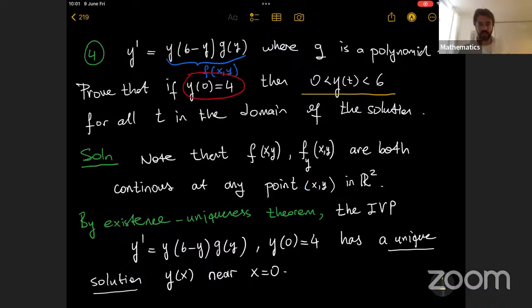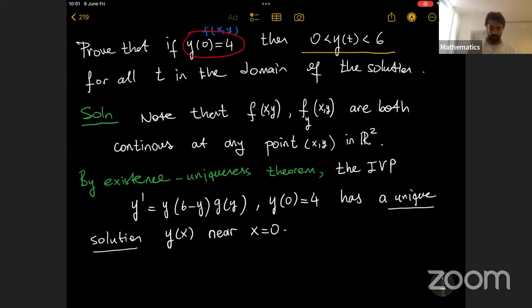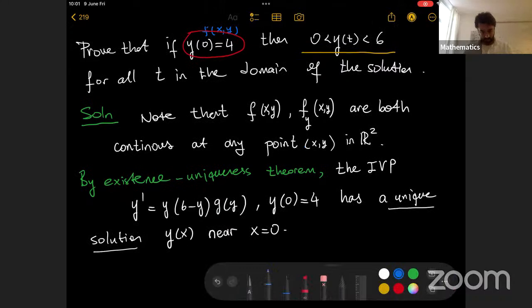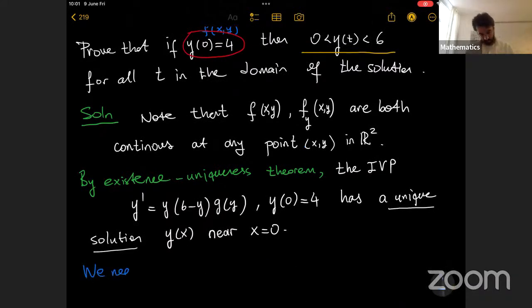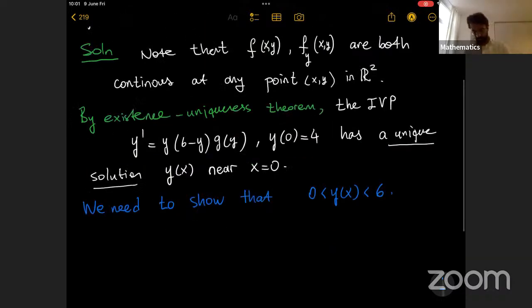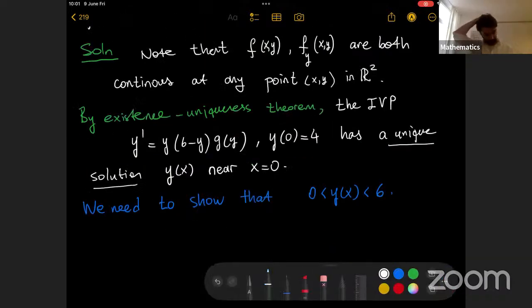Şimdi bunun olmasaydı ne olurdu onu düşünelim. So we need to show that y of x is between 0 and 6, değil mi? Şimdi diyelim ki bu yanlış olsun.